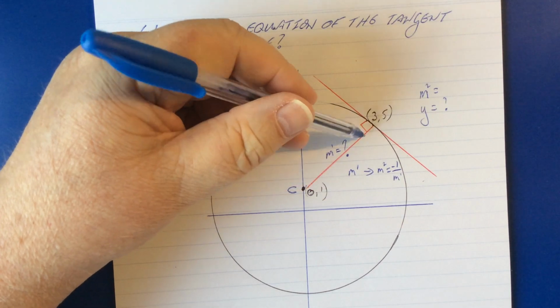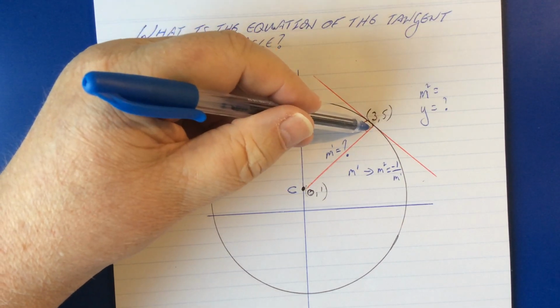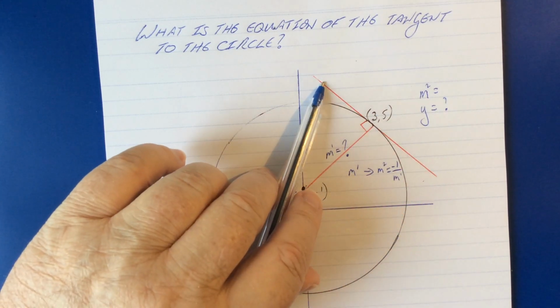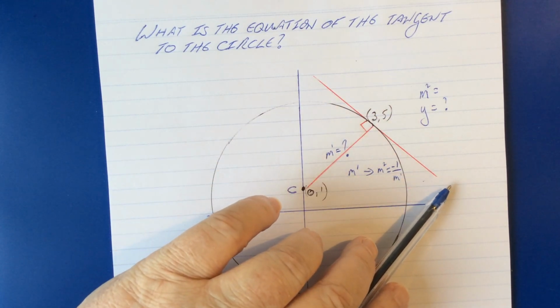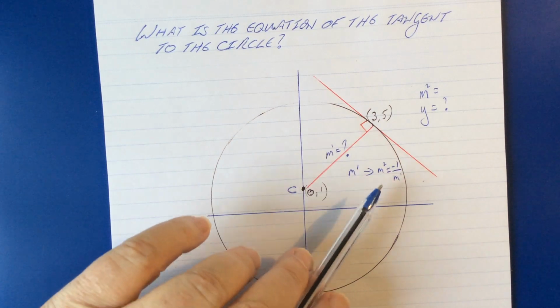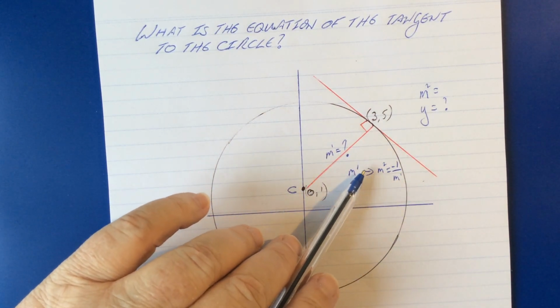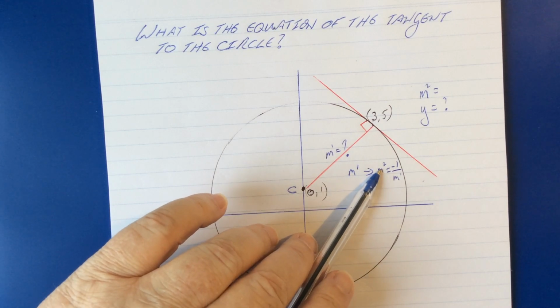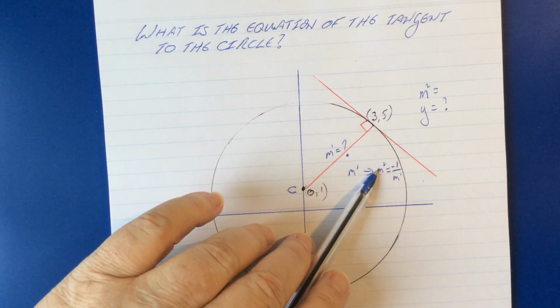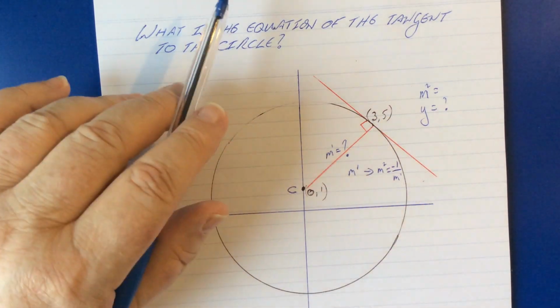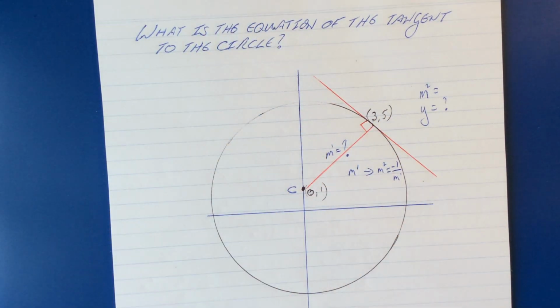So if we can figure out this gradient, which is positive, then we can use it to find this gradient, which we can see is negative, running from the bottom right to the top left. If we find this gradient and we have these 2 points, we can find the equation. So let's get to work.